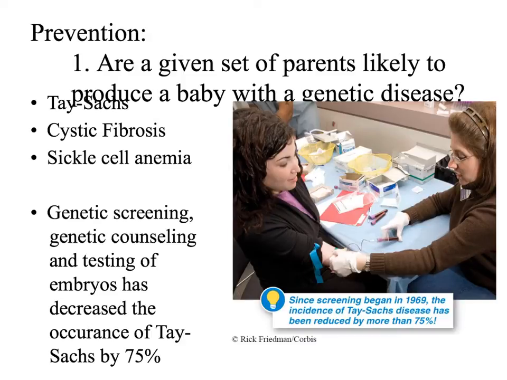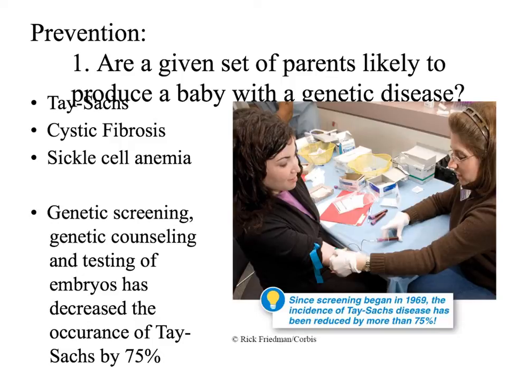Many genetic diseases are inherited when each parent carries an allele for that particular disease. Things like Tay-Sachs, cystic fibrosis, and sickle cell anemia are all recessive disorders, which means both parents have to have at least one copy, or one allele, for that disease for it to show up.